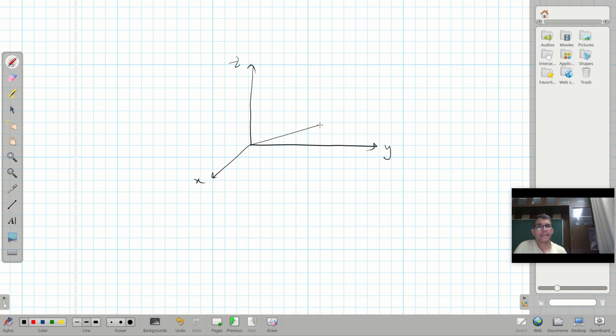Now we again have two vectors. One vector is represented like this and another vector is also represented like this.